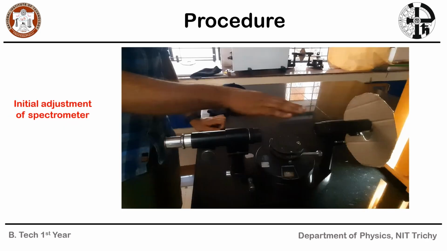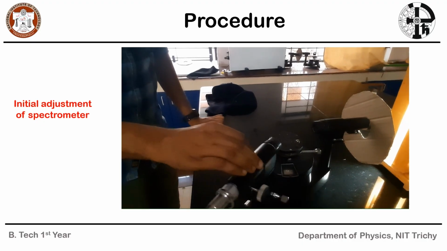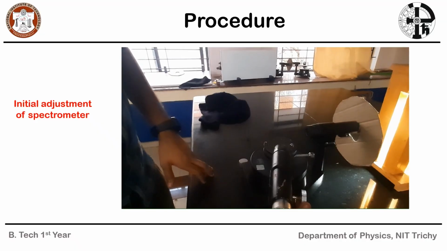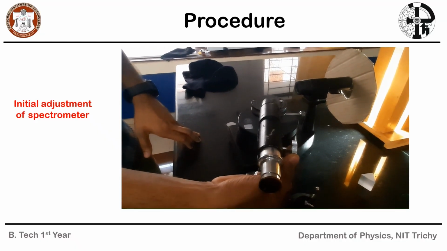The first part of this experiment is the initial adjustment of spectrometer. You place the telescope towards the window, see the image through the eyepiece of the telescope, then using this knob, you focus the image.